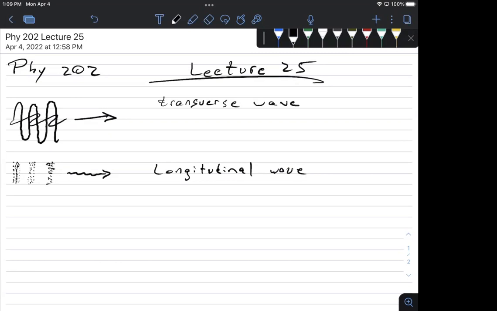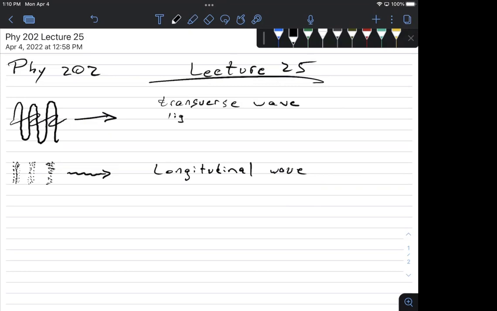In other words, when you speak to your friend, the air molecules are not vibrating up and down, they're vibrating towards your friend and back towards you. So those are the two types of waves.